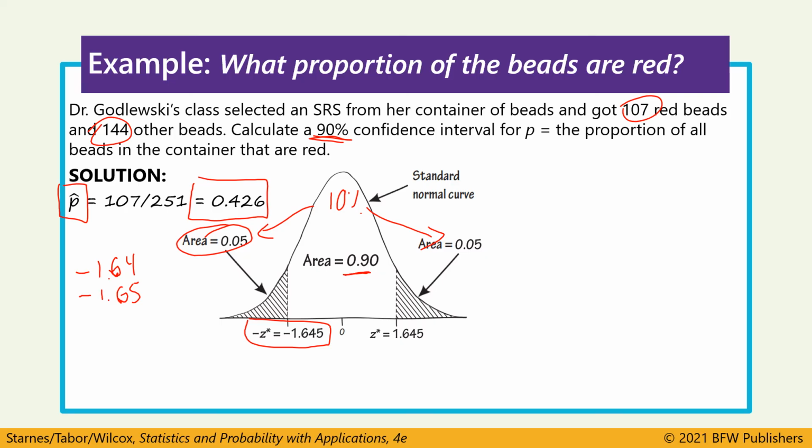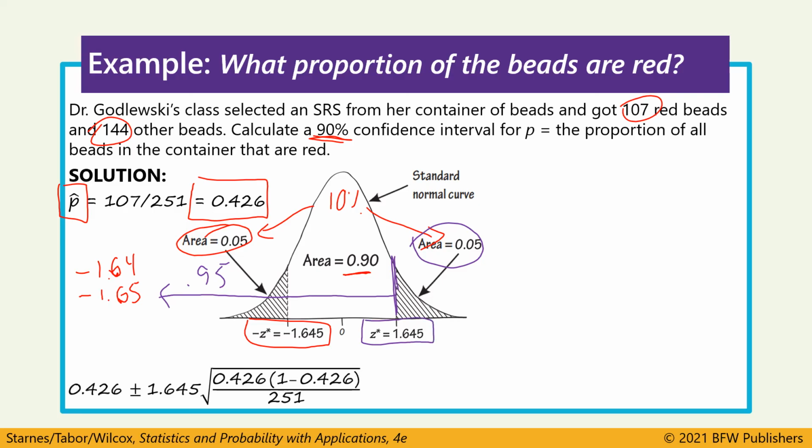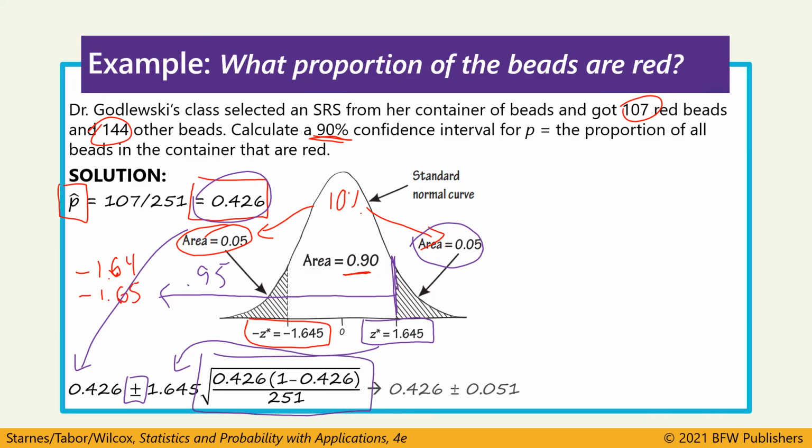Now, just a note, we could also do it with this other side, the right tail, which is 5%. But remember, we're always looking for the area to the left of it. So if we looked up 0.95, we'd get that same value, just positive. Plug everything in. So we have our p-hat plus minus that z-score times the standard error, p-hat q-hat over n.